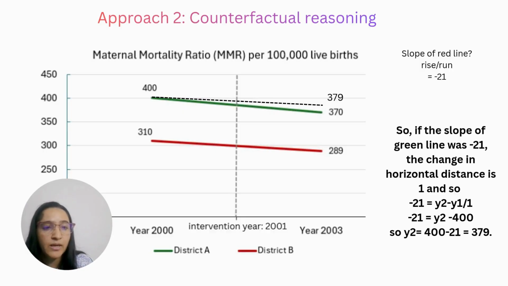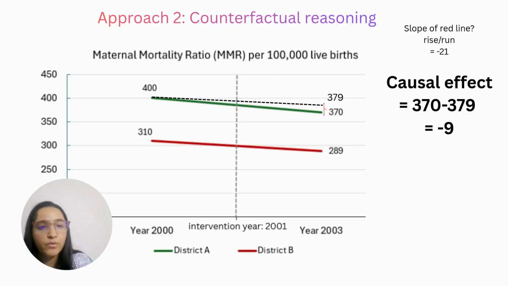Y2 is equal to 400 minus 21. We can do that, and we get 379 as the value of MMR for District A in 2003 if it had not received the intervention, assuming that the trend for this district would be the same as District B.